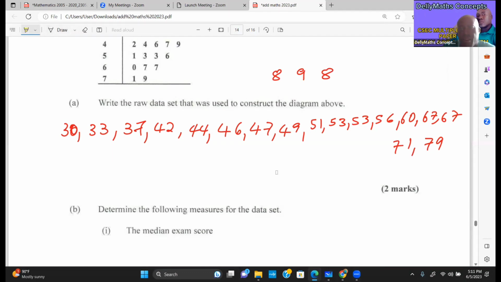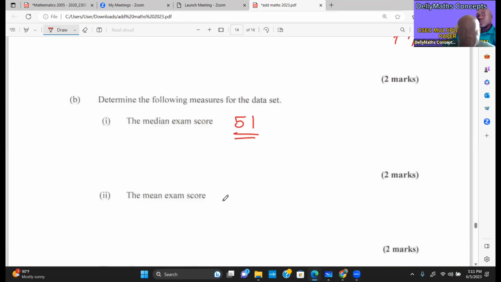So basically, I'm going to count to the 9th. 1, 2, 3, 4, 5, 6, 7, 8, 9. That's my 9th term. It's in order from lowest to largest. So the 9th is in the middle. So my median is 51, right? So I was able to pick up that.